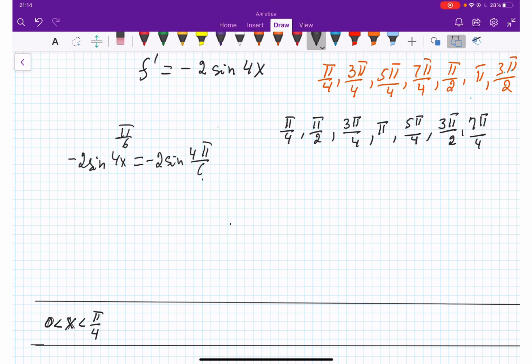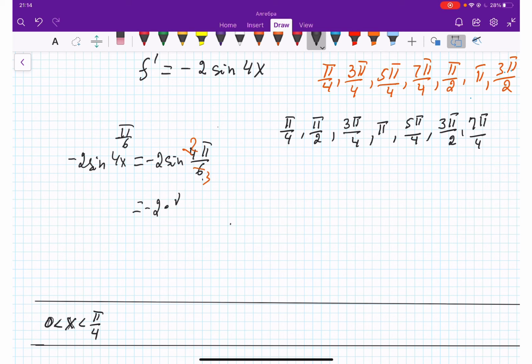If I take pi over 6, it's going to be negative 2 sine of 4 times pi over 6. So this is 2, this is 3. It's going to be negative 2 sine 2 pi over 3. Sine of 2 pi over 3 is square root 3 over 2.